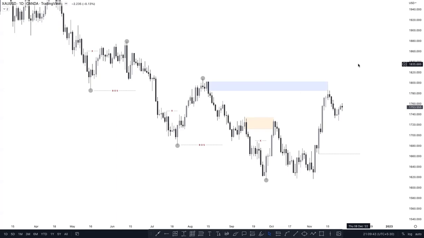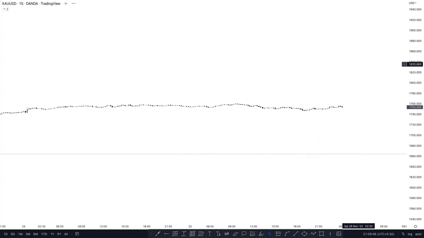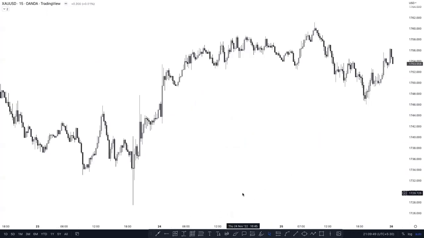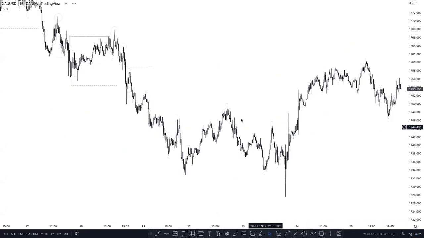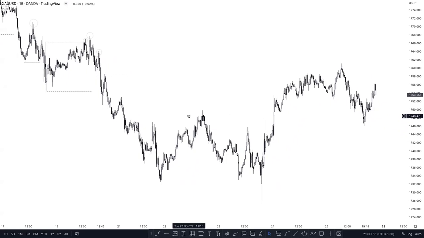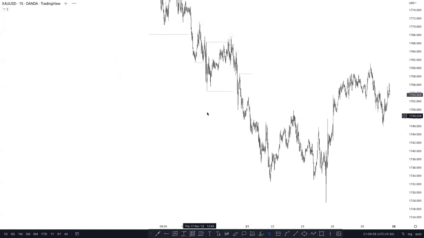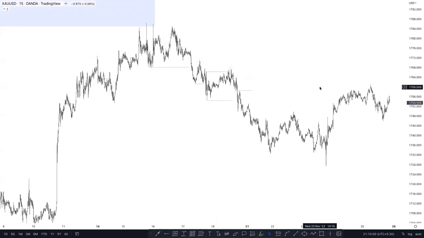And if I switch here into the 15-minute structure, so this one is our 15-minute structure in gold.